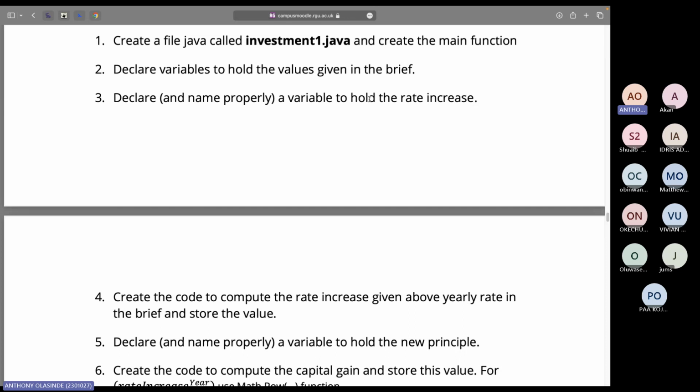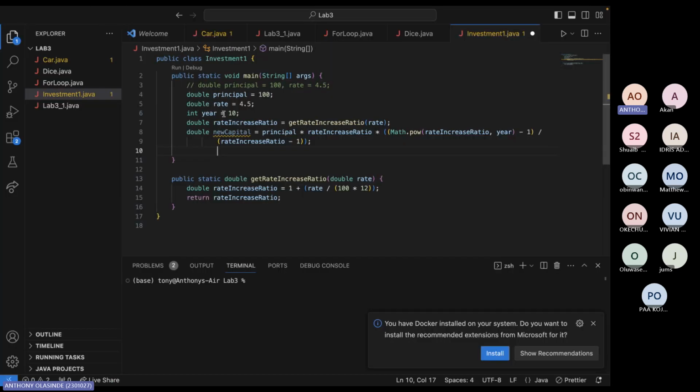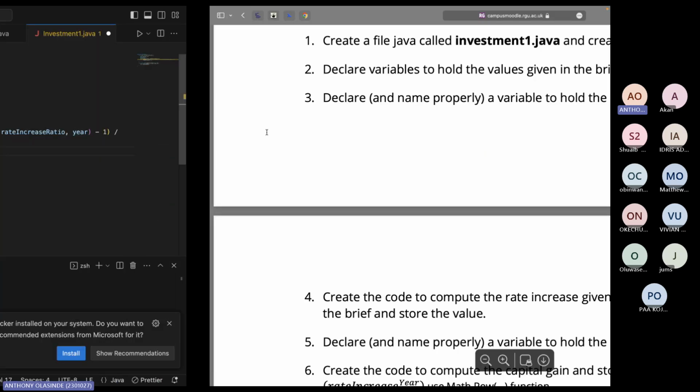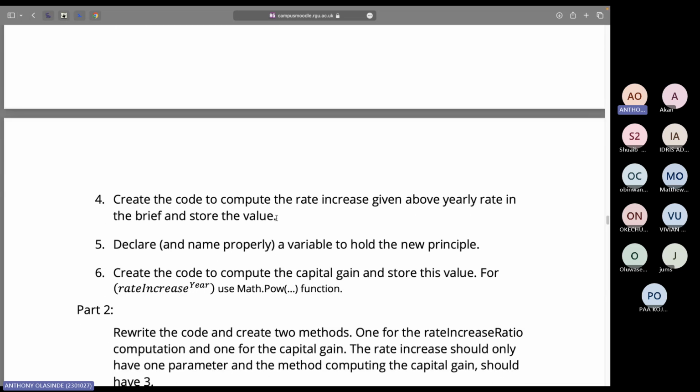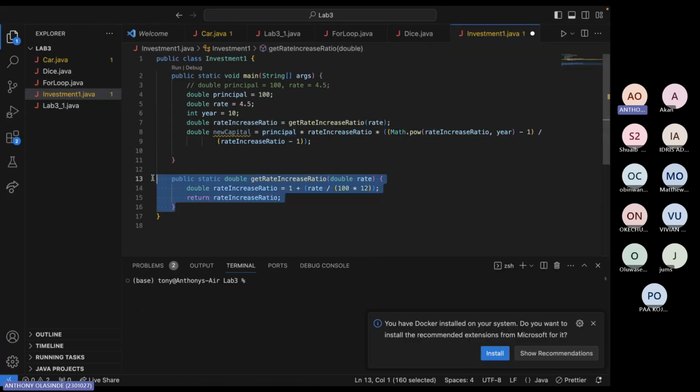Declare and name variables properly. We've done this. We've used variables, declared them. Create a code to compute the rate increase given in the brief, and store the value. I don't know what they're doing here, but this is just telling you that the first rate increase ratio we did. That's just that.